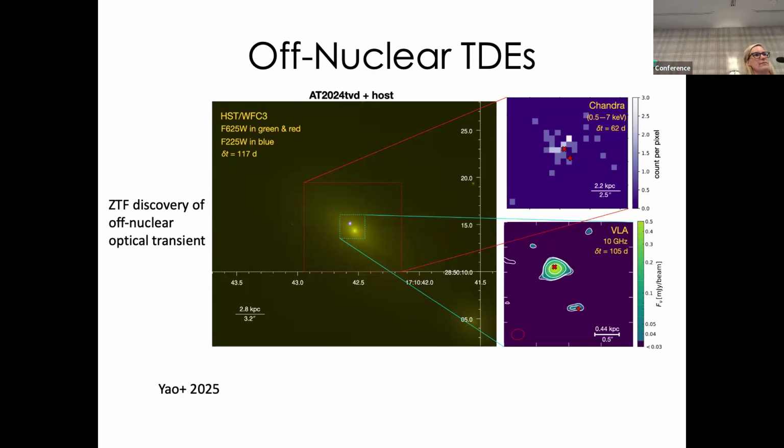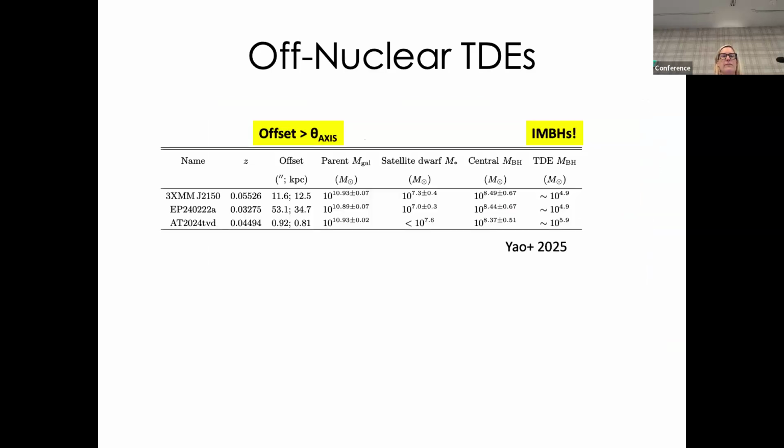Okay. I actually wanted to ask a little more about these off-nuclear TDEs, because besides the fact that they're really interesting from the time domain standpoint, I've been interested in off-center and roving black holes for a while.